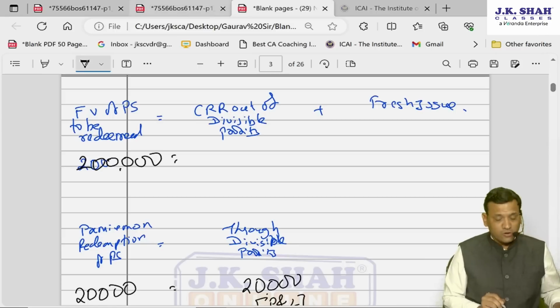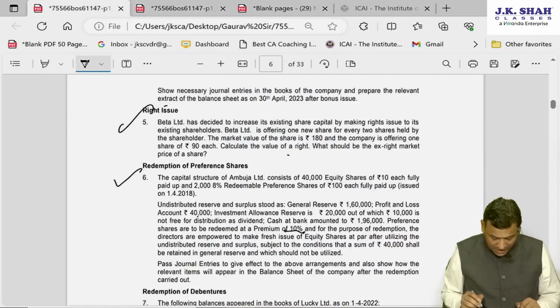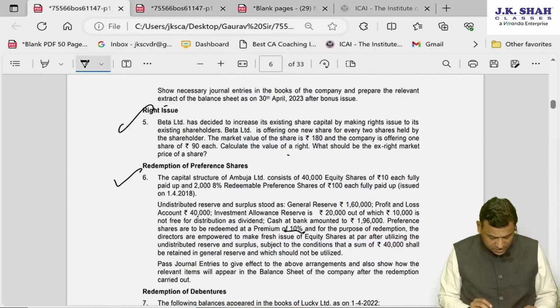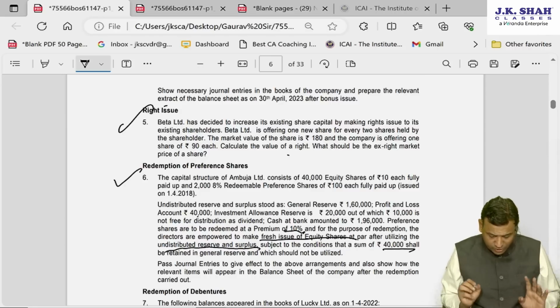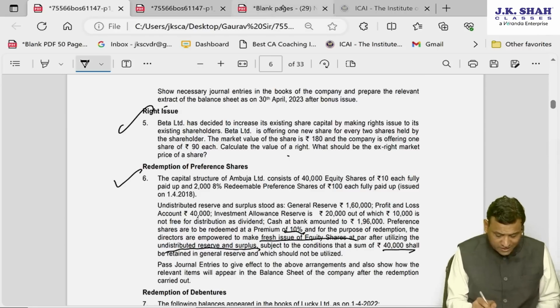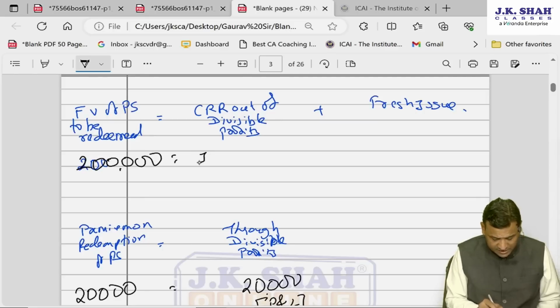Now for remaining, are we issuing some equity shares? Question says yes, you are empowered to make fresh issue of equity shares after utilizing the undistributed reserves and surplus. Subject to a condition, a sum of 40,000 will be retained, it will not be utilized. It means how much can I utilize from divisible profit? Can I say investment allowance reserve I can utilize?